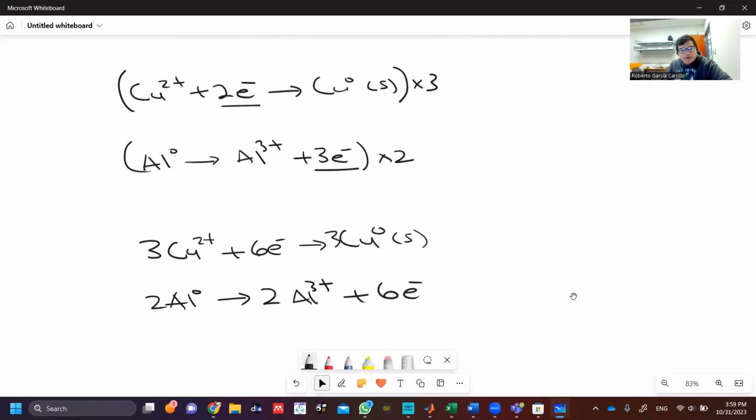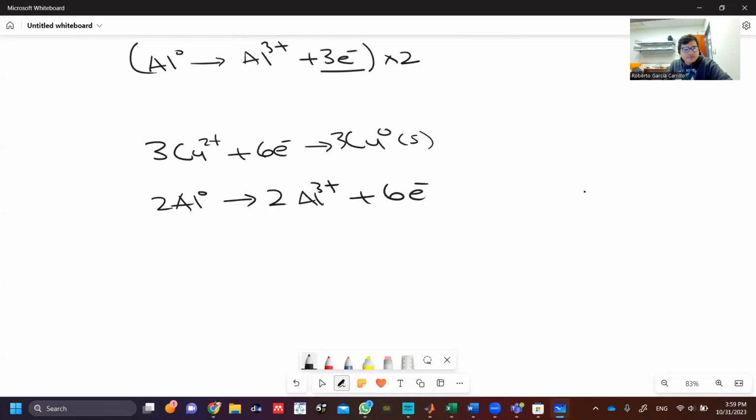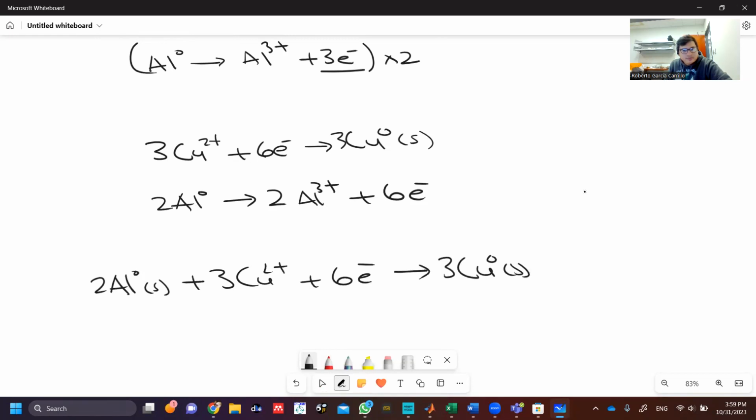And we can now add everything up. So we will have 2 aluminum atoms plus 3 copper ions plus 6 electrons go to form 3 copper atoms plus 2 aluminum ions plus 6 electrons, and electrons cancel out.